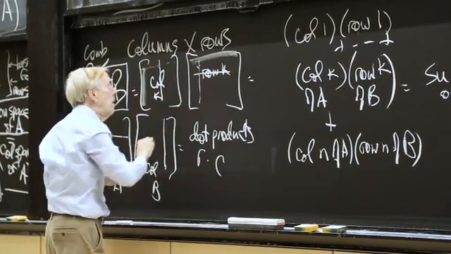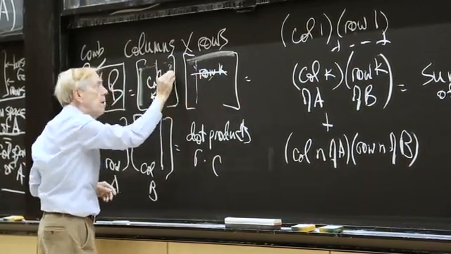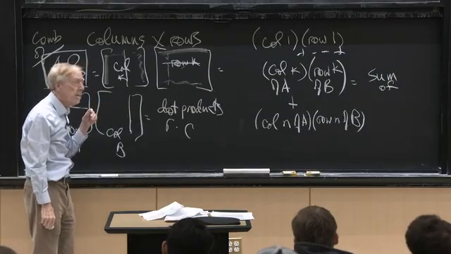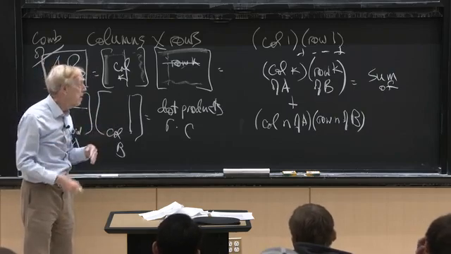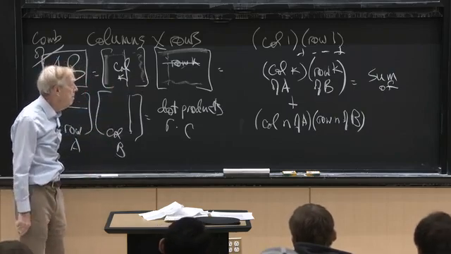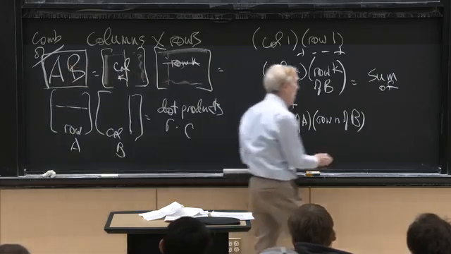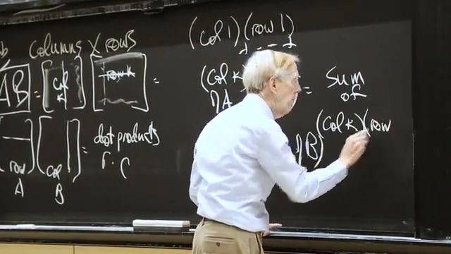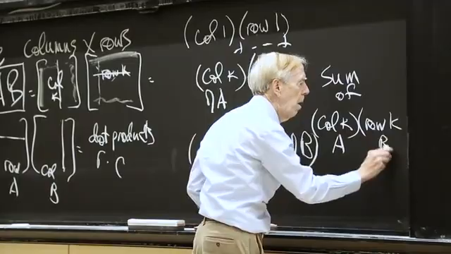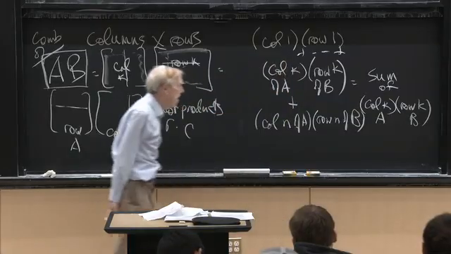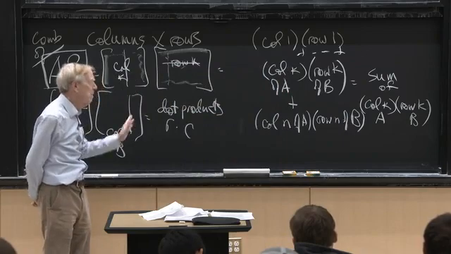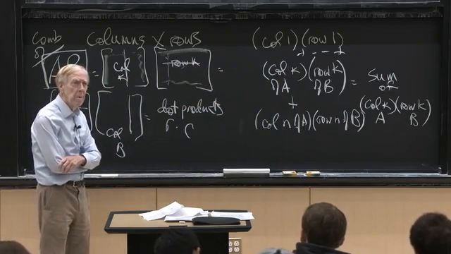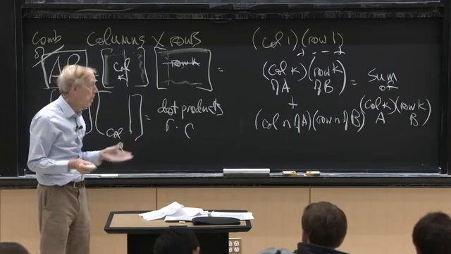Column 1 times row 1, column K times row K, column N times row N, and then I add those pieces. It's just the generalization of AX to a matrix B. So it's the sum of column K of A times row K of B. Maybe we check that it gives the right answer, or maybe I won't do that here, but all we're doing is the same multiplications in a different order.